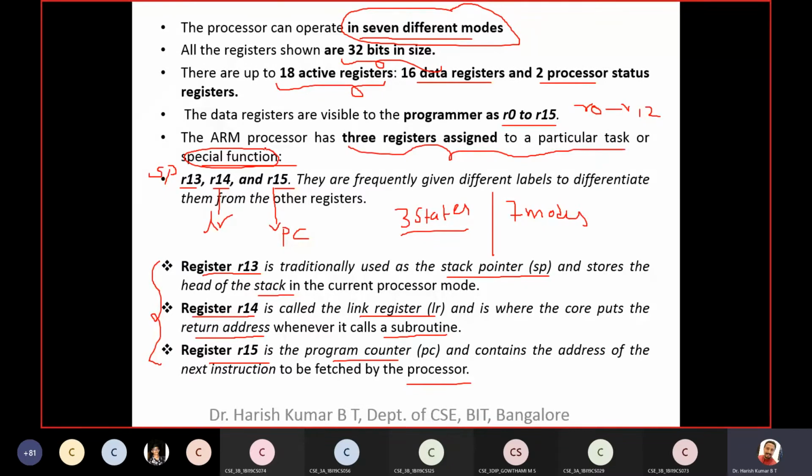It's not like you cannot use them. You can use PC also. Then what will happen? The processor will not be knowing. That means you're overwriting the content of the PC, and your program execution will go haywire.